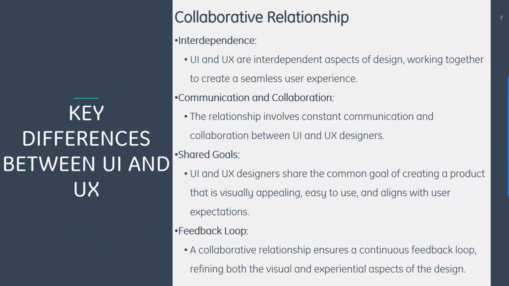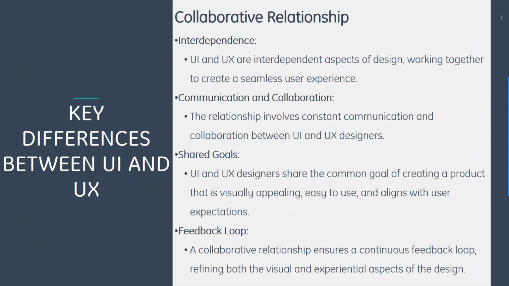Then what about the collaborative relationship? Firstly, interdependence. UI and UX are interdependent aspects of design working together to create a seamless user experience. Then we have communication and collaboration. The relationship involves constant communication and collaboration between UI and UX designers. Then we have shared goals.